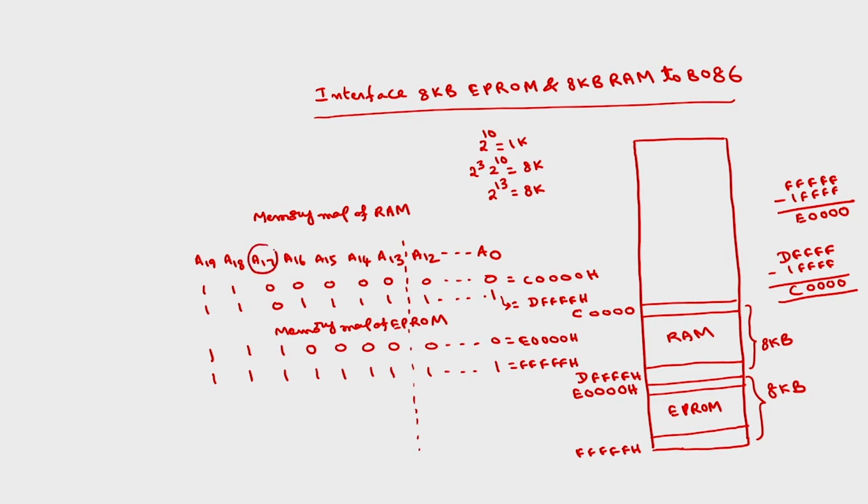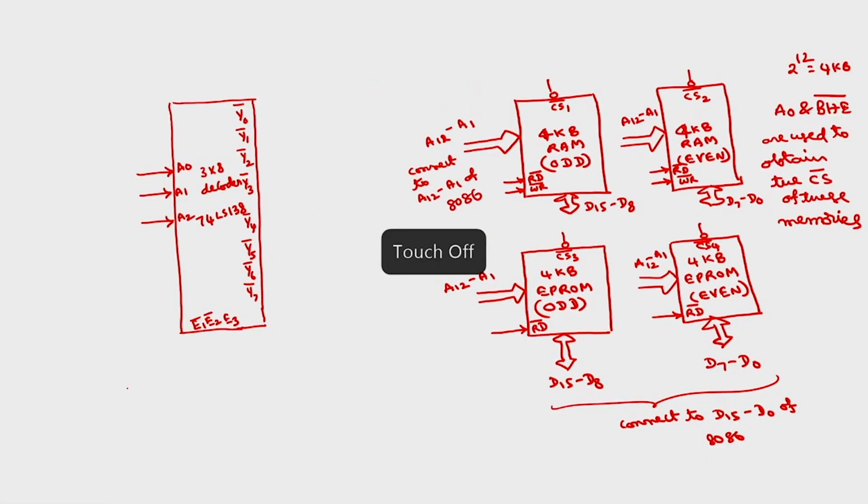A17 is 0 in case of RAM, and A17 is 1 in case of EPROM. I am going to connect this A17 to A2 of this decoder, and A0 and BHE bar, as I have told, we have to use for selecting the chip select. So, I will connect A0 here and BHE bar here.